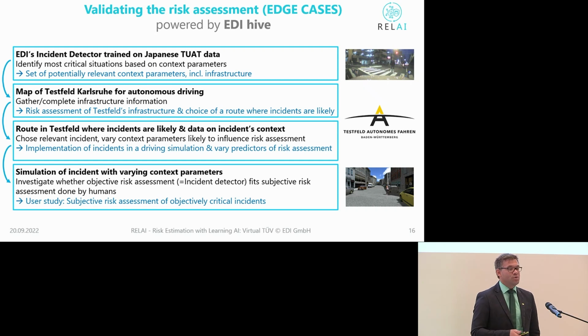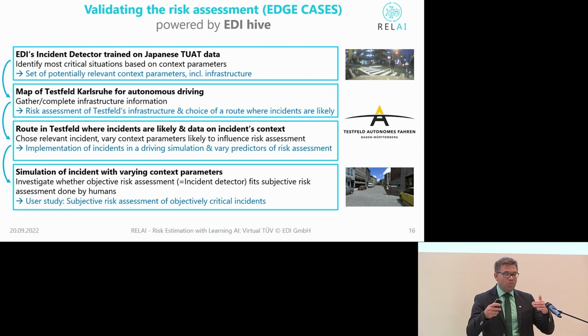We also have the US data, so we were comparing in a scientific way how transferable these things are. And for sure, as you already saw, in the US the infrastructure is much wider, so for sensor signals it's different. The infrastructure of Japan, for example, is closer to the infrastructure of Germany and the EU.